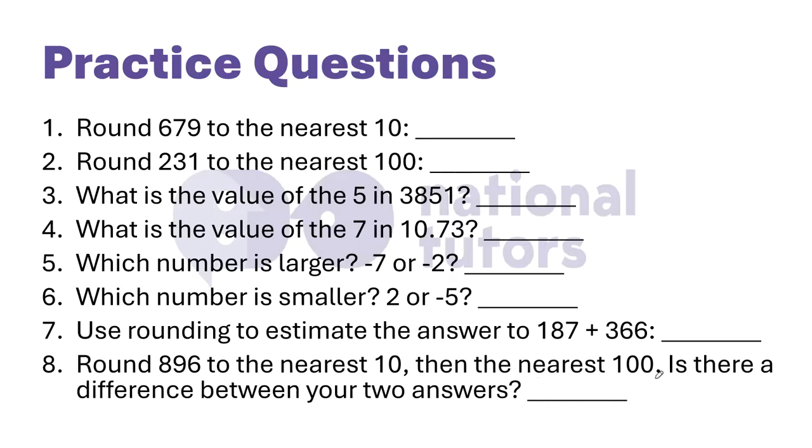So if I then rounded to the nearest 100, well, we already know that I've got 8 in my hundreds and 9 in my tens. If 9's my decider, well, I'm definitely going to be rounding up, and that would also be 900. So no, there is no difference between my two answers.